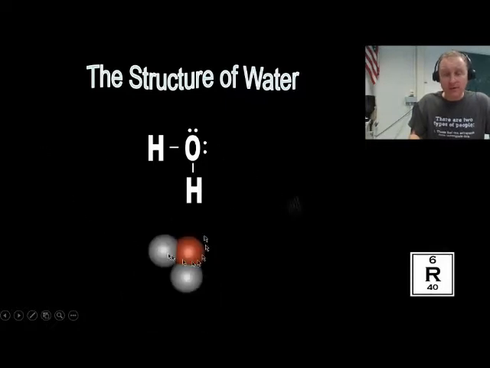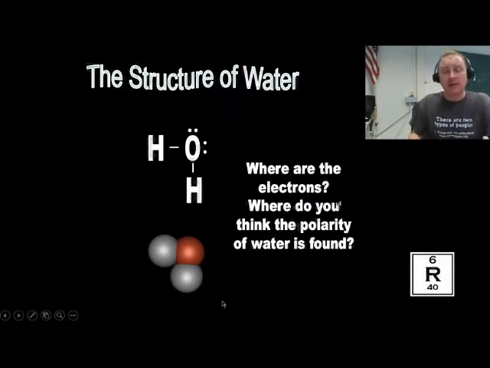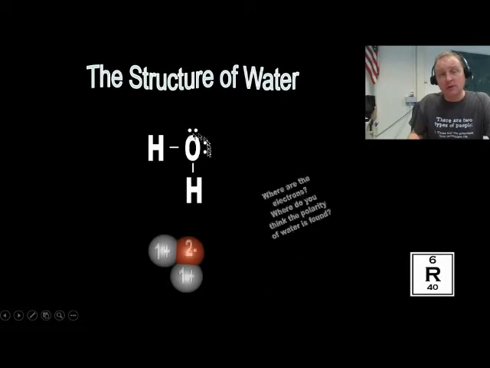And if we look at a space-filling model, we can see that there's something unique about the water molecule. Where are the electrons? Where do you think the polarity of water is found? So we know that there's electrons in these bonds, but we can also see that the oxygen has more electrons around it than the hydrogens do.